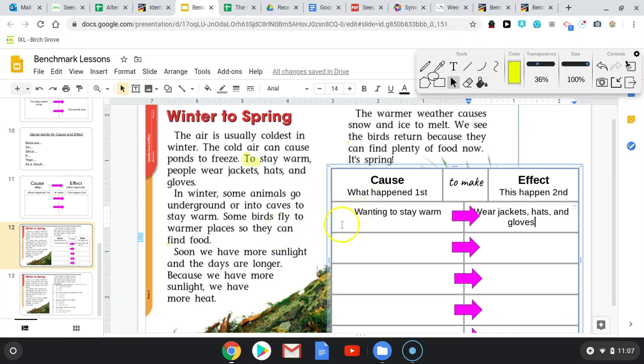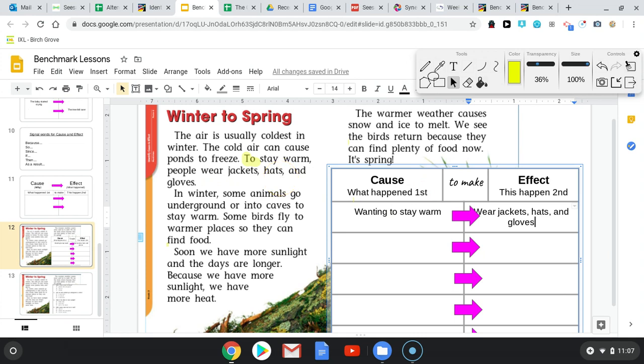So in the cause, I wrote "wanting to stay warm" because that was what is causing them to wear jackets, hats, and gloves. You possibly could flip it around if you wanted to say they wear hats, jackets, and gloves to stay warm, because that would be the effect of wearing them. But either way, in this case, they can be flip-flopped. I put it this way because it's how the author wrote it.